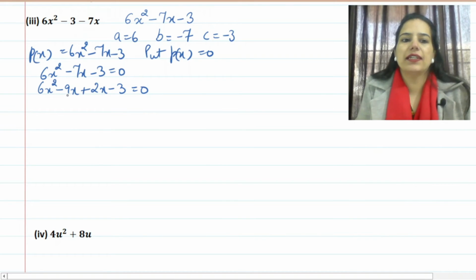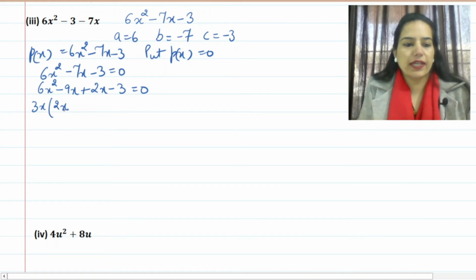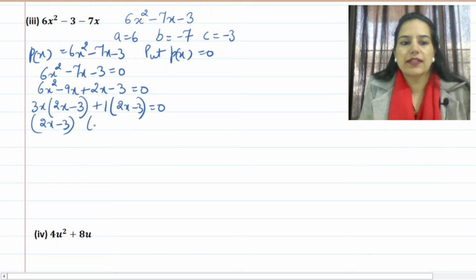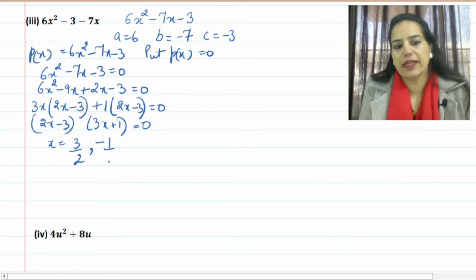So I split 18 as 9 2s and 7, 9 and 2. So I'll take 3x common here. I'll get 2x minus 3 plus 1 common, 2x minus 3 equal to 0. So 2x minus 3 common, I get 3x plus 1 equals to 0. So I've got the two zeros, one is 3 by 2 and the other is minus 1 by 3.